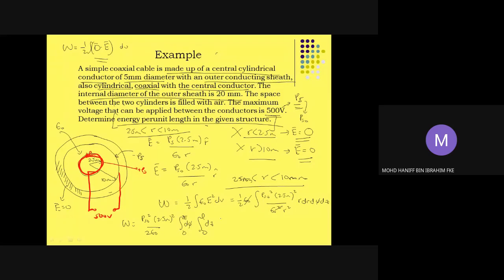And the R integration will be from 2.5 milli to 10 millimeter, because that is the range where the electric field exists. I hope I made it clear to you now. Based on this calculation, we can see that W will be equal to, sorry, I have no space, so I need to use this space upside here. Sorry for that.